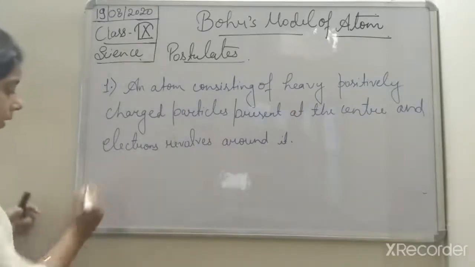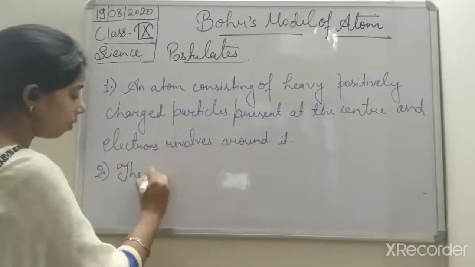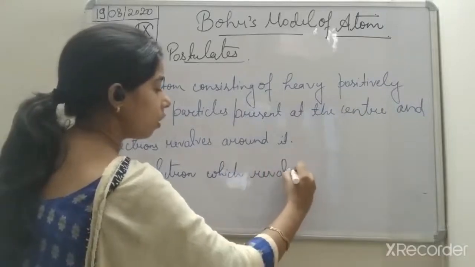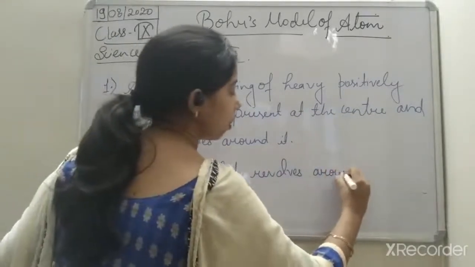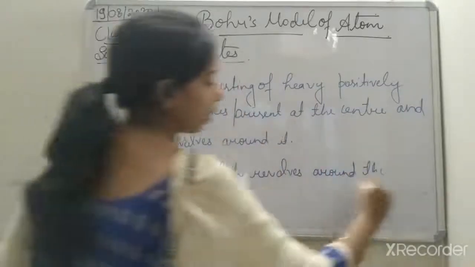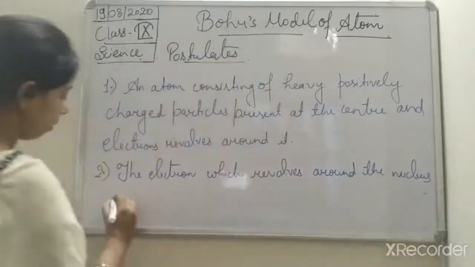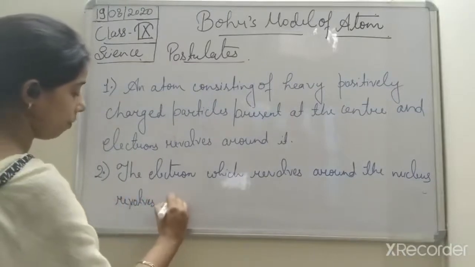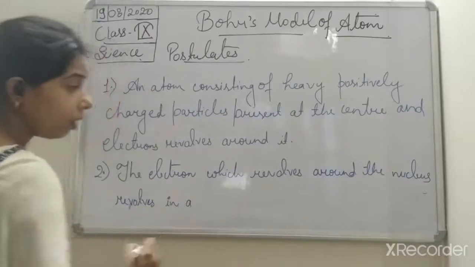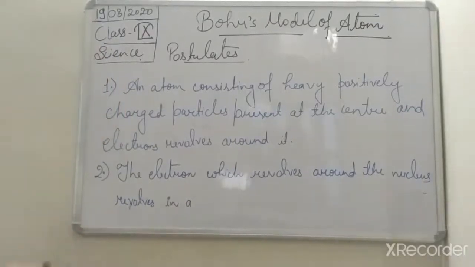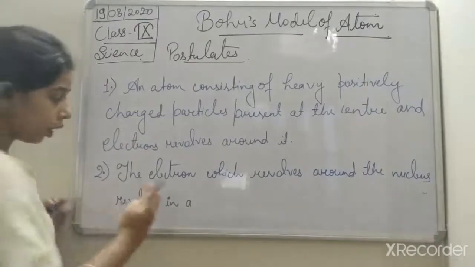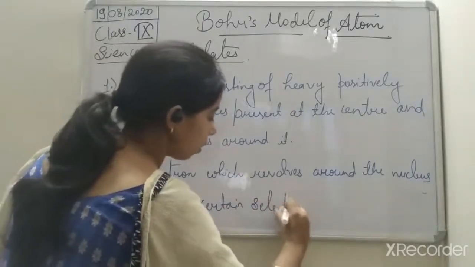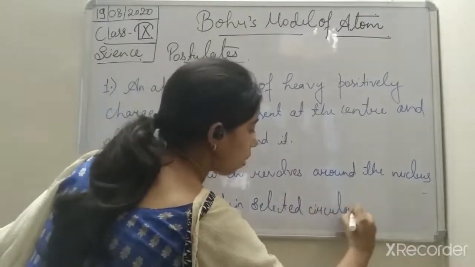The second postulate he explained is that the electron which revolves around the nucleus revolves in a stable orbit, a certain selected circular orbit.